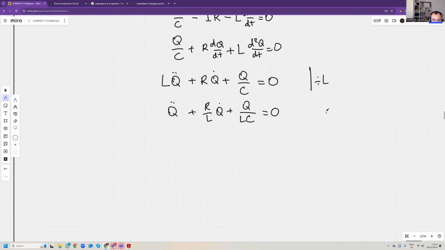I will replace R over L with gamma. After all, these are constants. And 1 over LC is omega 0 squared, the angular frequency. So I can rewrite this as Q double dot plus gamma Q dot plus omega 0 squared Q equals 0.